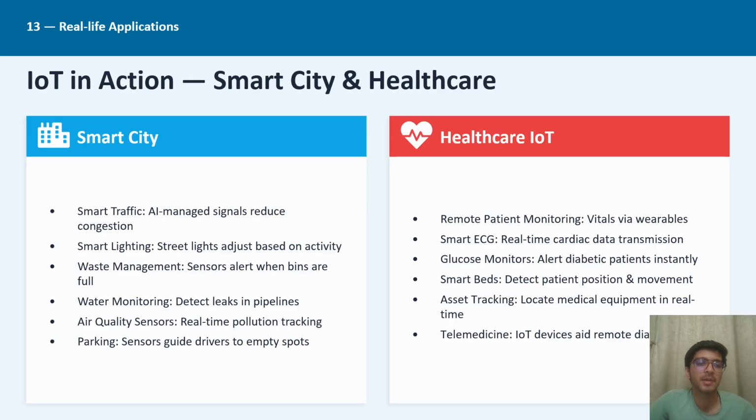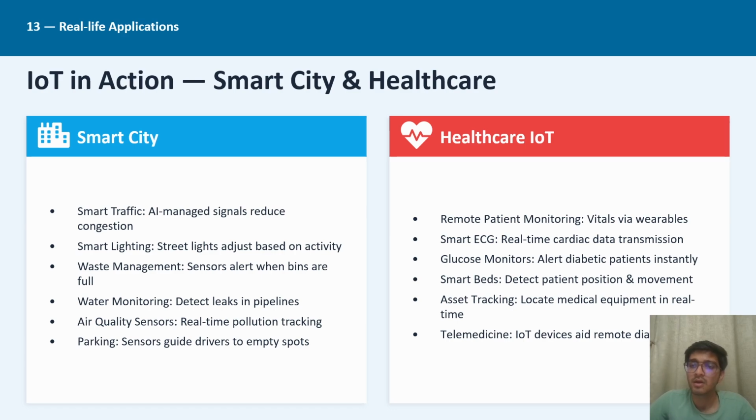Coming to real life applications. Let's look at two concrete domains: one is the smart city and the other is healthcare. Barcelona saves approximately 37 million pounds per year using IoT smart street lighting. Sensors manage the traffic signals dynamically, reducing congestion by up to 25%.